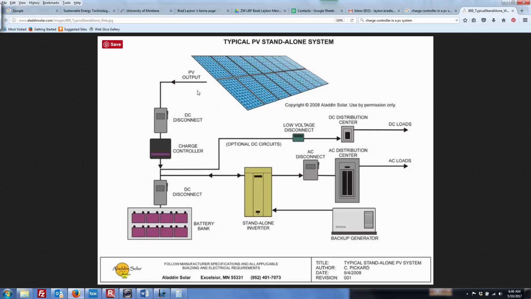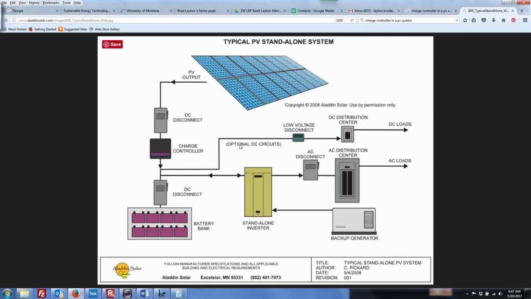If you're out in the middle of the woods, for example, you would just sort of have this connection. There's really no connection to the grid. This is sort of your grid, if you will. This backup generator might be something that's a thermal plant, burning some type of combustion. Here is the inverter that takes you to the AC connect and your AC loads.